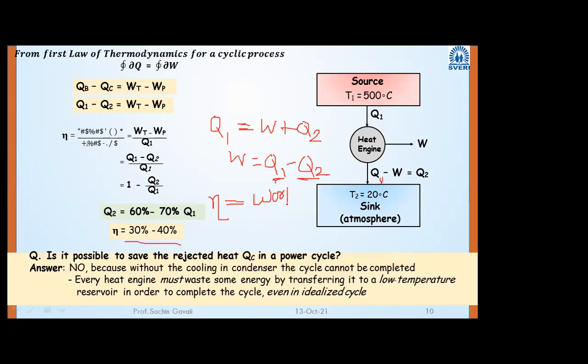I will write only work, but you should write work output, divided by input, which is heat input. So this is what is called the efficiency of a heat engine.